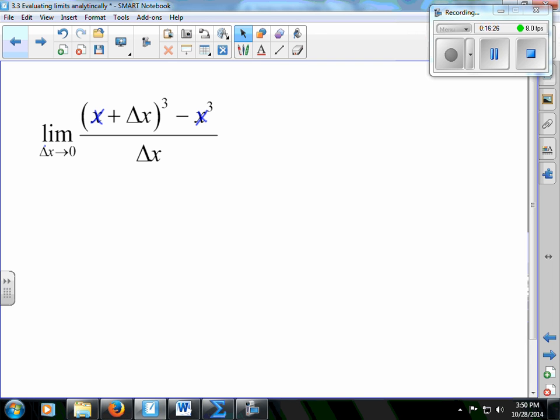The variable x is actually going to stay throughout this whole problem, and it's going to be part of our answer. Our limit is not for x. It's actually for delta x. This is an important concept because we're going to see this again when we get to calculus and tangent line problems.